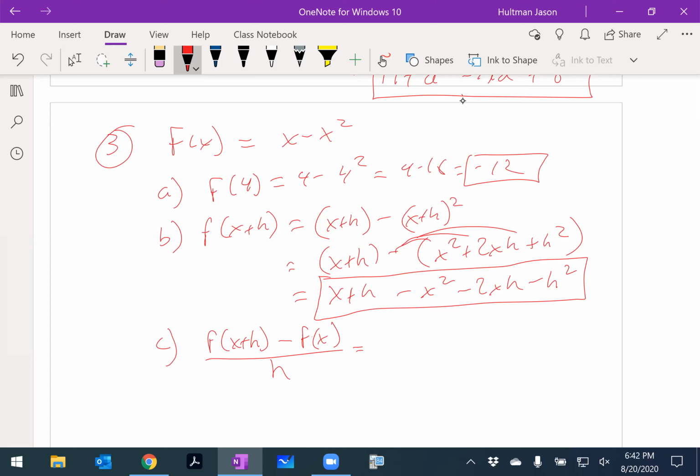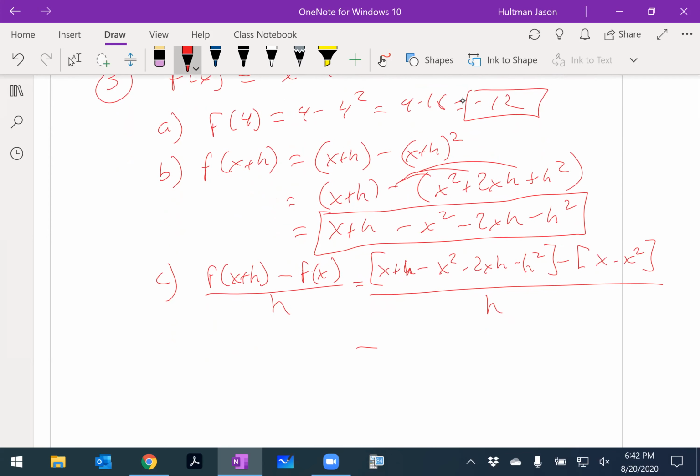So this is x plus h minus x squared minus 2xh minus h squared, minus f of x. Well, what's f of x? f of x is just my original function, x minus x squared, all over h.